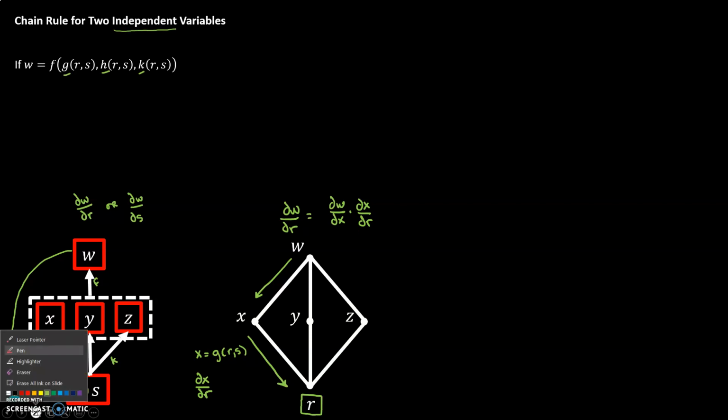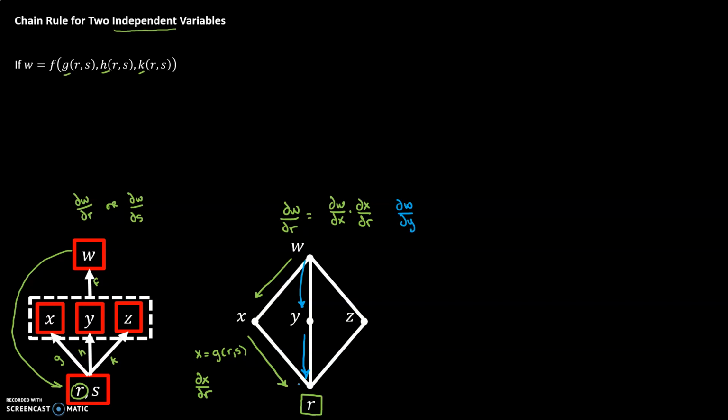Next, we can move down the middle branch. We know w goes to y, and then y goes to r. From w to y, that would look like partial w with respect to y.